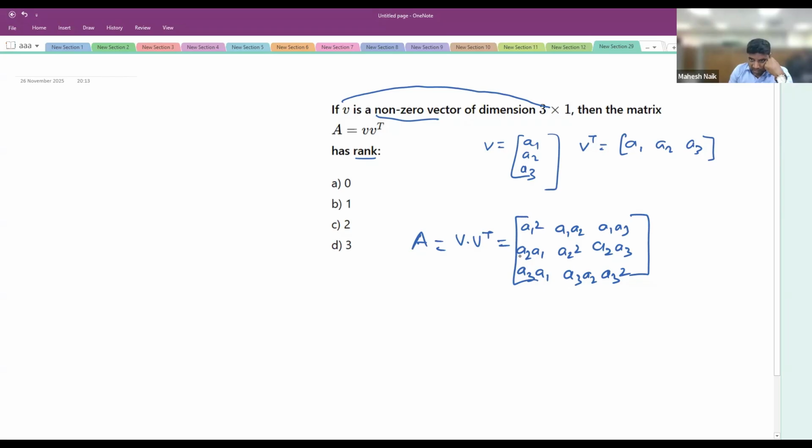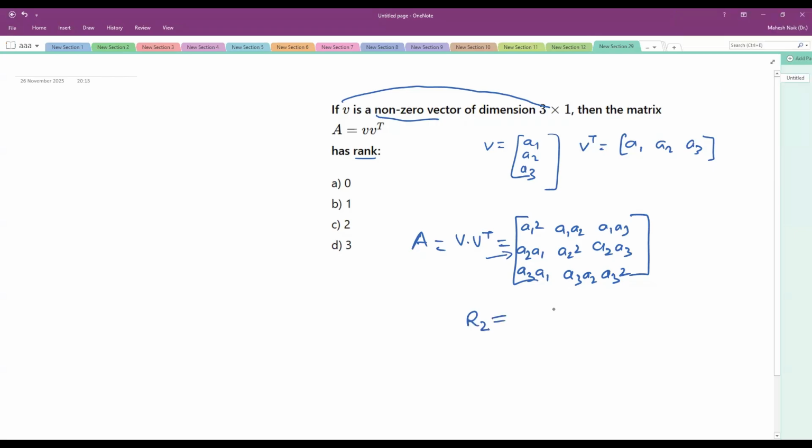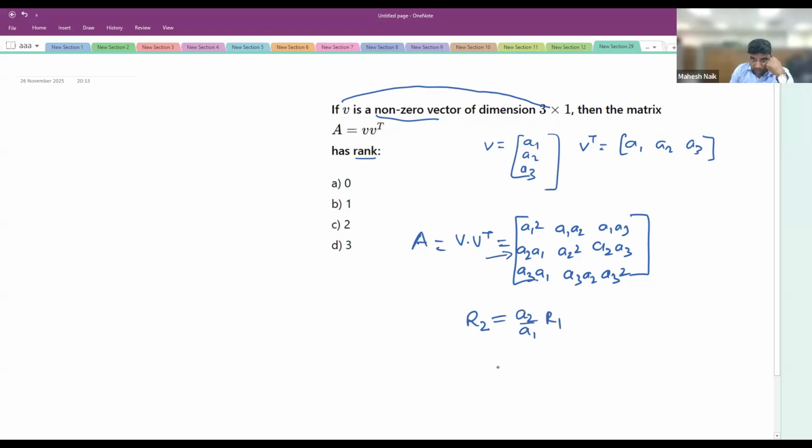In this case, if we divide the first row by a1 and multiply by a2, we will be able to generate R2. So R2 is the same as a2 upon a1 into R1. Similarly, R2 and R3 will both be dependent on R1.